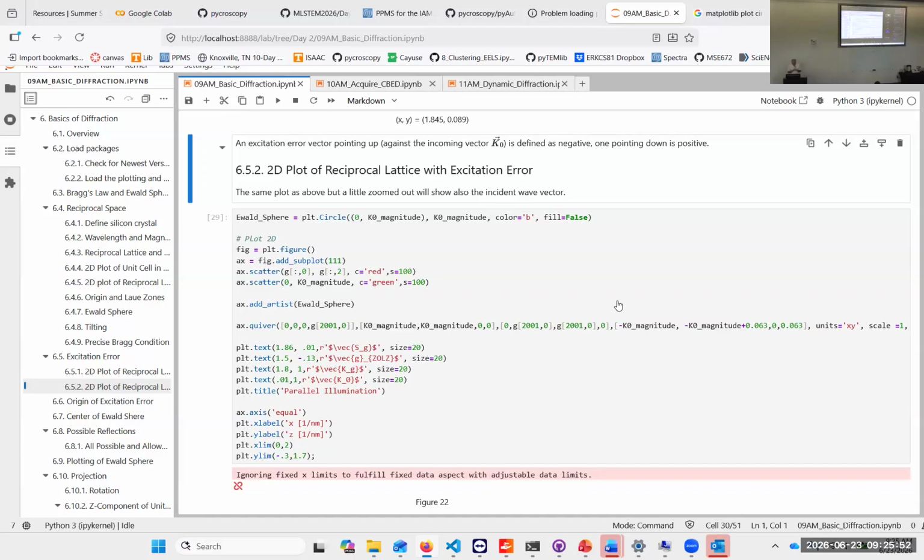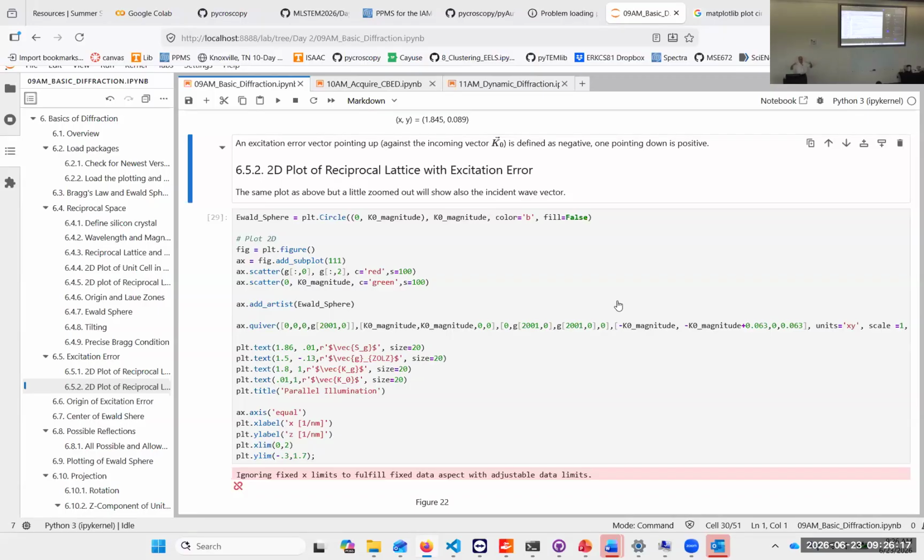How does it look, just for you guys to get a handle on that or make you start thinking about it? If you have a nanoparticle, how does that look in reciprocal space? First thing is large, right?